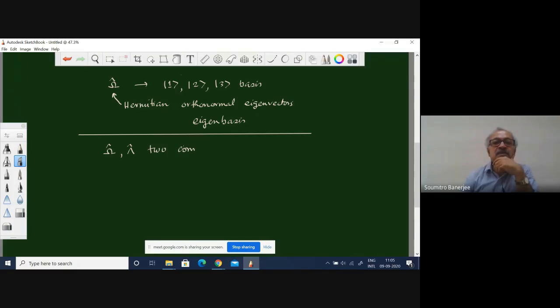So first, let us assume that these are two commuting observables. These are two commuting operators. So commuting Hermitian operators, of course, otherwise they will not make any physical sense. I want them to be Hermitian operators.